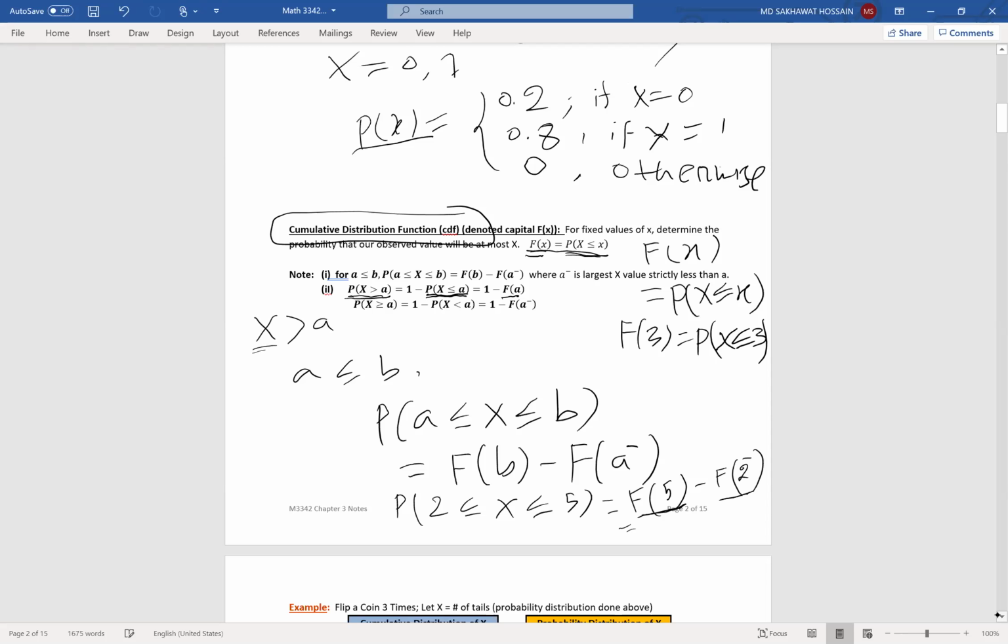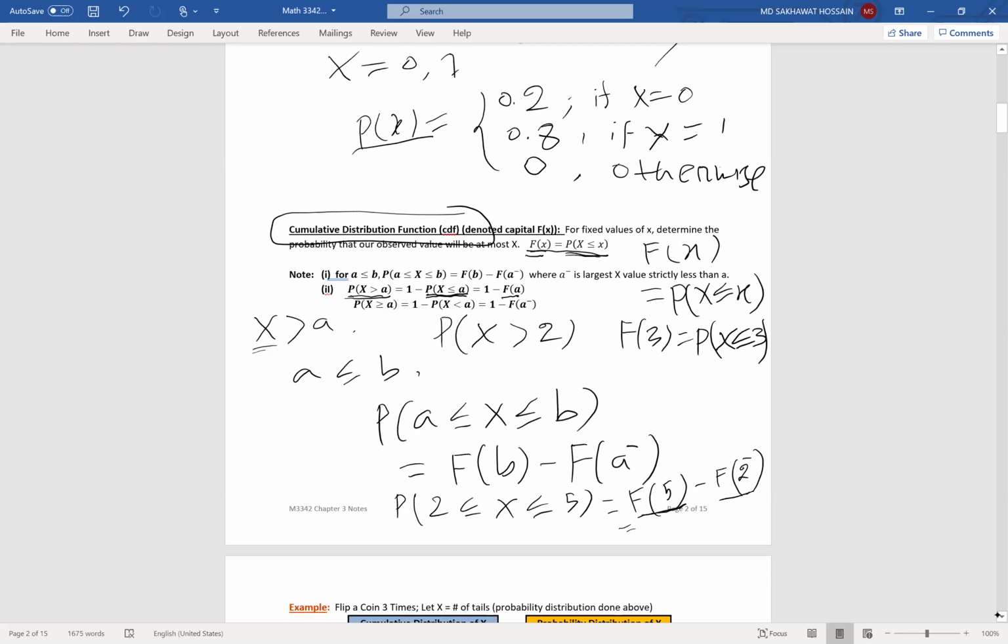The values of x will be either greater than a or less than or equal to a, right? So for example, if you want to find the probability of X greater than 2, since this is a discrete distribution, x can take the values 0, 1, 2, 3, 4, 5, 6, 7, 8, 9, 10, any values.